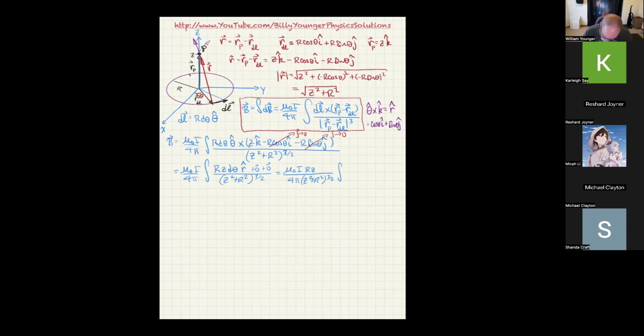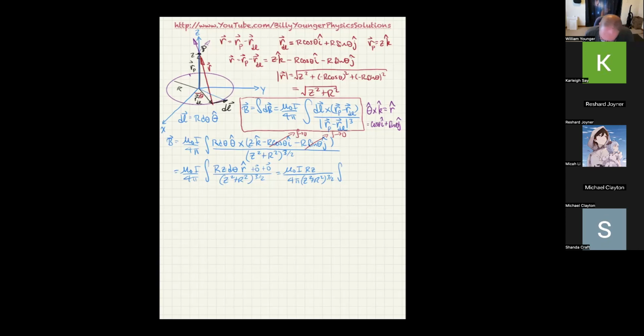And this can't be r hat. Uh-oh. Theta hat cross k hat. That's definitely r hat. But that's not the direction the magnetic field should point.